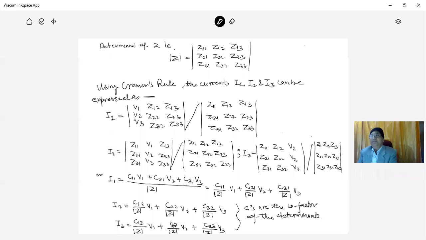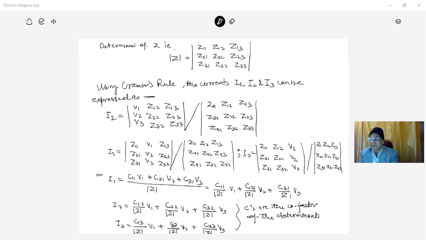So these are the basic techniques through which we can express the current. And if you have the value of current, then the potential can be calculated as the potential drop across that particular component, that is impedance multiplied by current. So we can analyze any circuit of any number of meshes. What is the advantage of the matrix method? Here it is a 3 cross 3 matrix because there are 3 meshes.